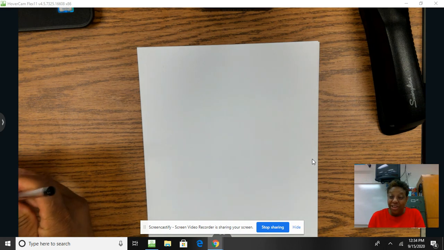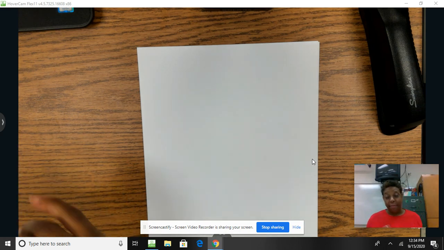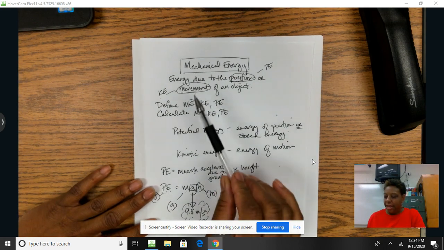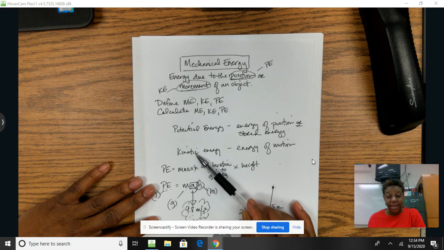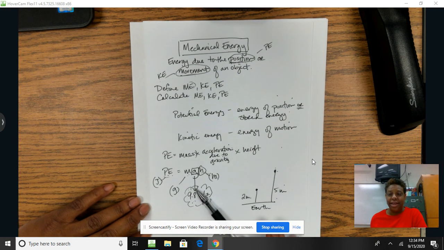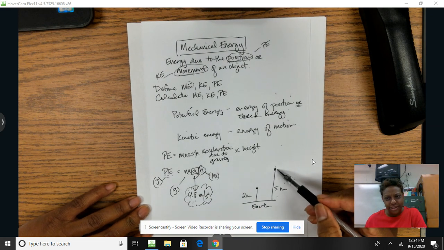Okay, so let's continue. In that first installment, I introduced you to mechanical energy. Just a quick review: mechanical energy, and defined potential and kinetic energy. I introduced you to the potential energy equation so that I could point out that the height is what makes a difference.